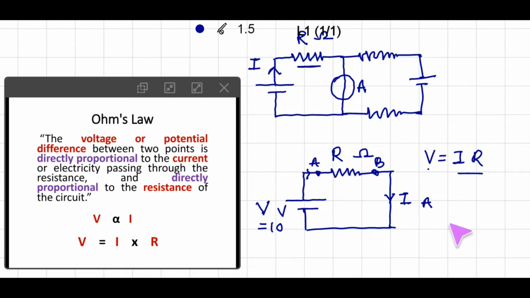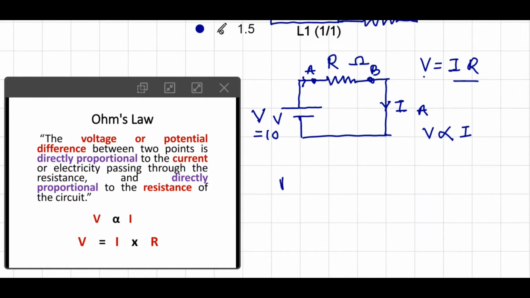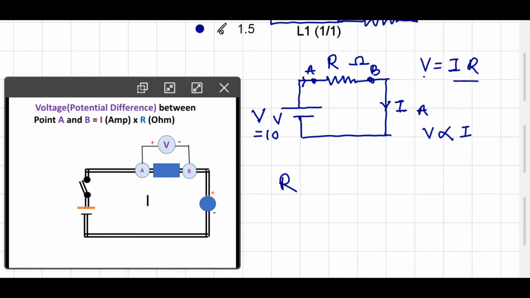That means voltage is directly proportional to the current. That is an important thing. And the proportionality constant is resistance R. So R is the resistance of the resistor in the circuit. Here you can easily observe that voltage can be either a potential difference or electromotive force also, but here we are going to consider potential difference.